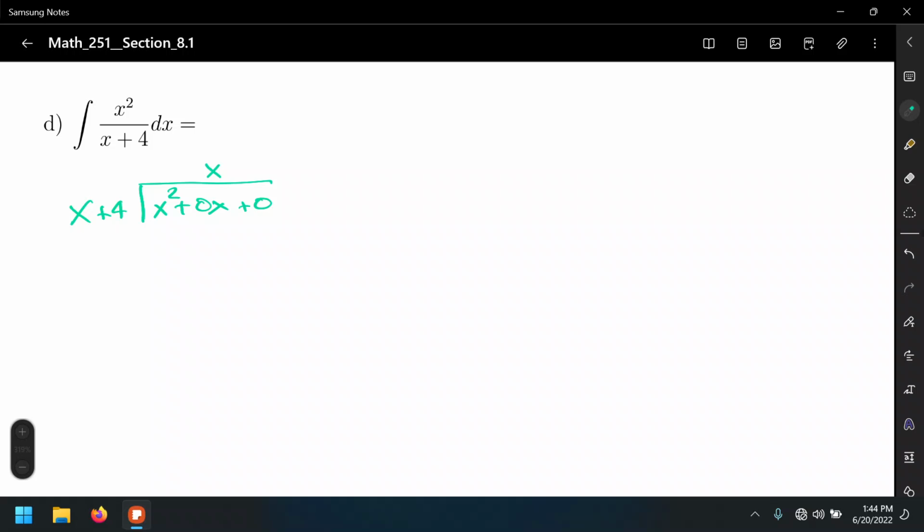So x times x, that's going to give us x squared. But I'm going to change the sign over here. And x times 4, that's 4x, and I'm going to change the sign of it as well. Why do we always change the sign? Okay, let's go back to the numerical division. 17 over 3, for example. How many times does the 3 go into 17?